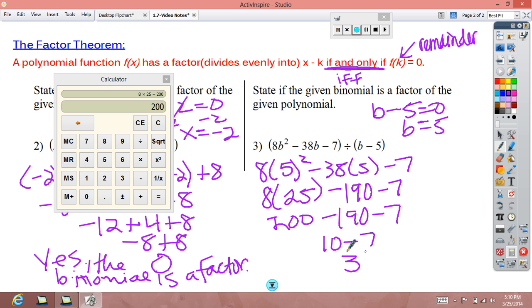Well, this is my remainder. It's not 0. So therefore I have a remainder, and the given binomial is not a factor.